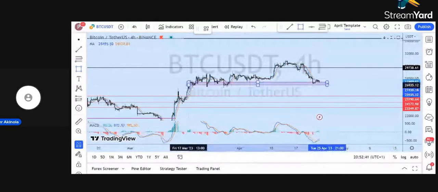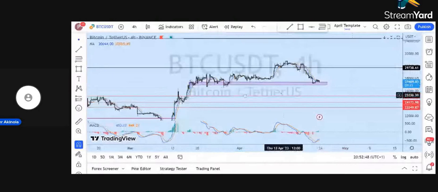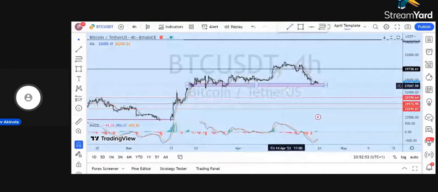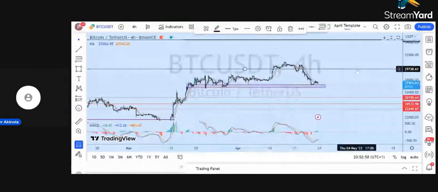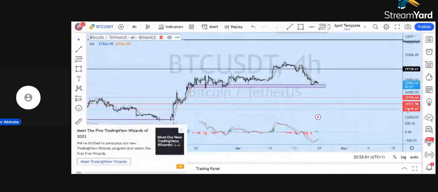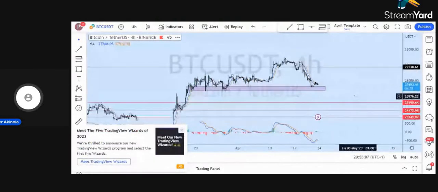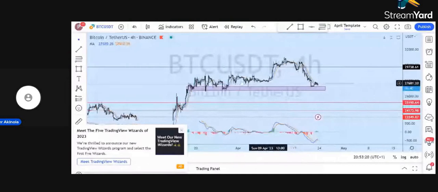So what is going to happen from here? That's the question now. What is going to happen to BTC from here? As you can see, this sentiment is very bearish. But we won't take any trade just because of that. We'll wait for a break and a retest of this level before we do anything on BTC. So that's that for tonight.